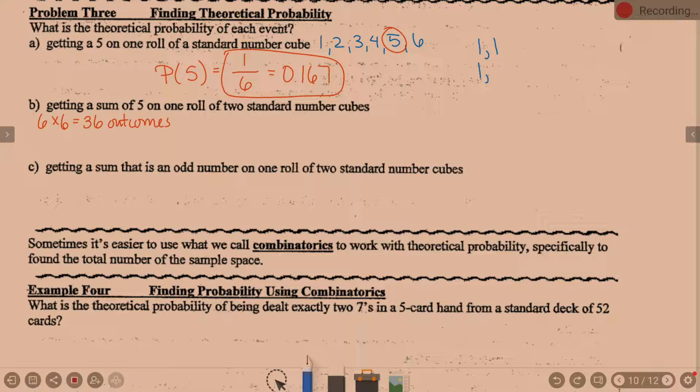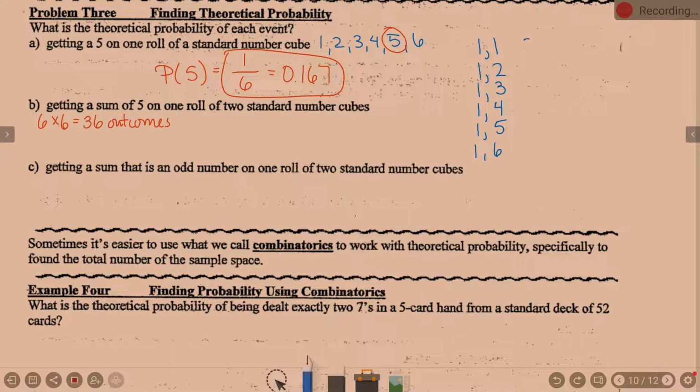A 2. You could also get a 3, a 4, 1 and 5, and 1 and 6. Those are my possible outcomes. There are 6 options here if I get a 1 on the first die. You see where I'm going to go with this next?